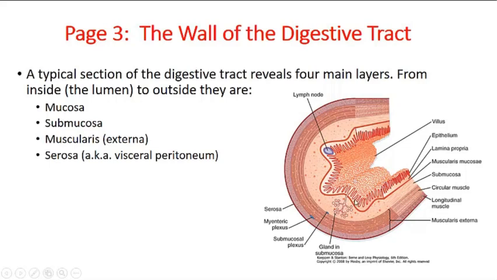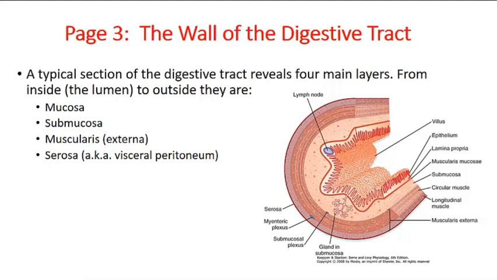Submucosa, muscularis and serosa. Serosa is the outermost layer, muscularis is right after that, submucosa is right after that, and finally the mucosa, which is the innermost layer, which will be in contact with the lumen.